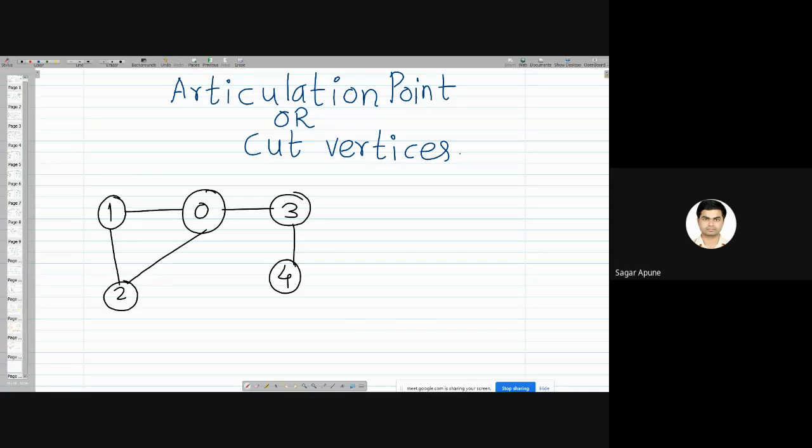So what do articulation points mean? If I cut one vertex from my graph, or remove any one vertex, and it disconnects my graph into parts, then we can call it an articulation point or cut vertex.